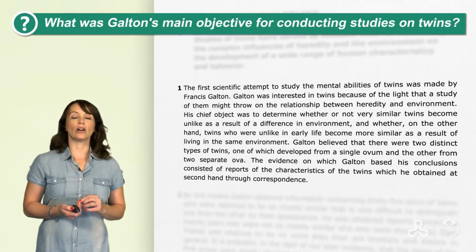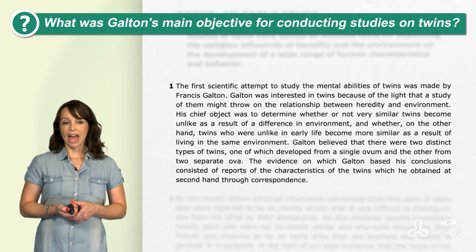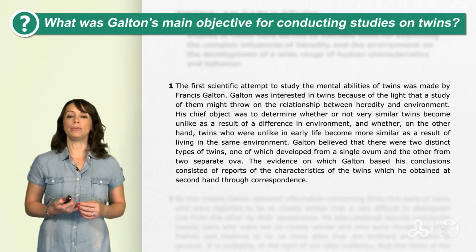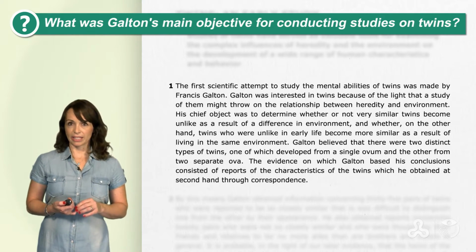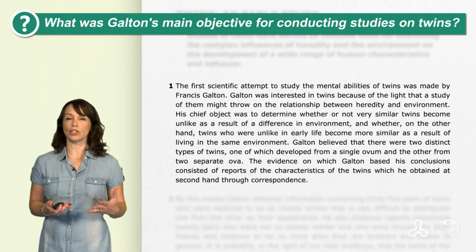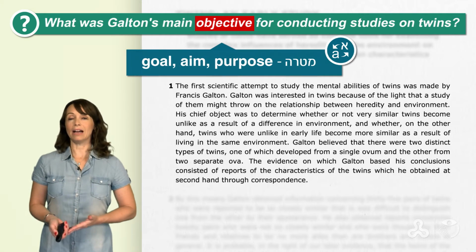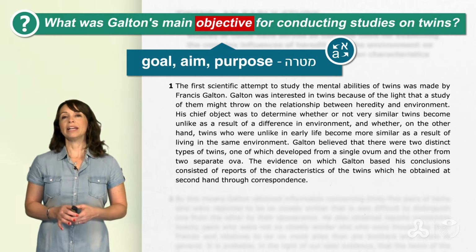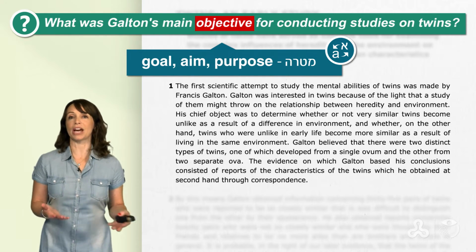Okay, so now let's look at another question from the first paragraph. And the question is, what was Galton's main objective for conducting studies on twins? Okay. Now, the important word here in the question is the word objective. Objective means matara, and by this stage, we already have a number of synonyms, מילים נרדפות למילה objective.